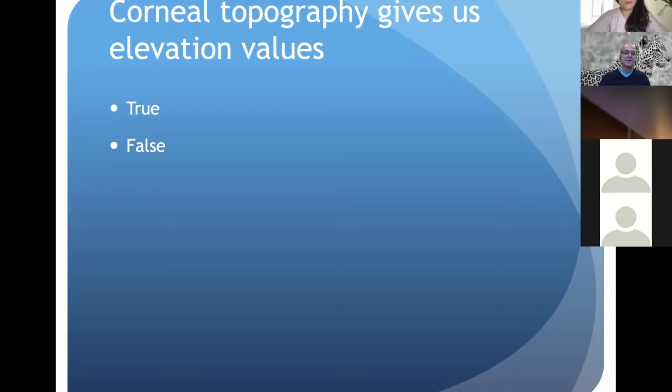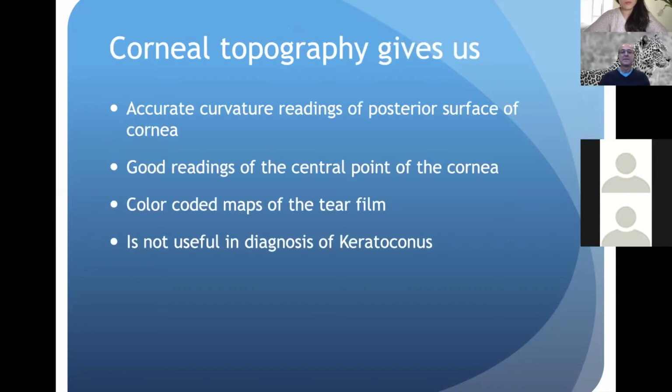And question number two is, corneal topography gives us A, accurate curvature readings of the posterior surface of the cornea, B, good readings of the central point of the cornea, C, color-coded maps of the tear film, and D, is not useful in the diagnosis of keratoconus.